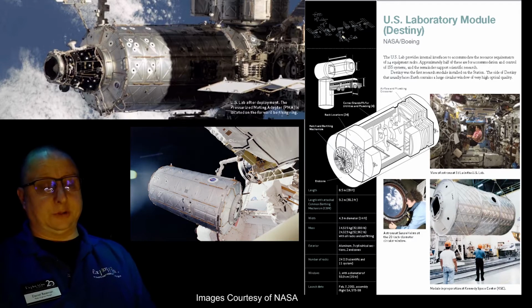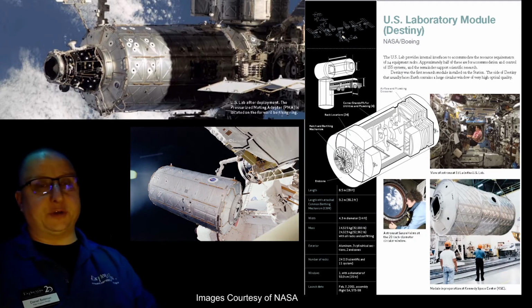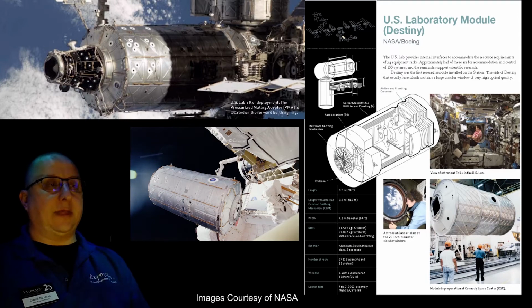All right. So we have all of these countries building the International Space Station. The European module is called the Columbus Orbiting Facility. That is to the front of the space station, and then to the right as it travels forward. And then you have the Japanese module called Kibo. And Kibo means hope in Japanese.